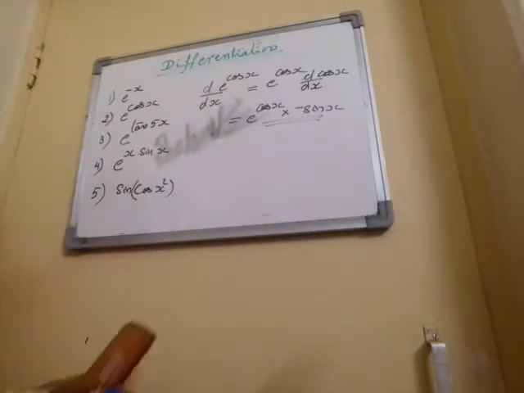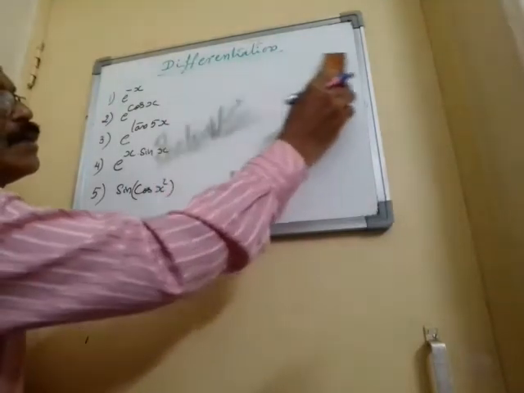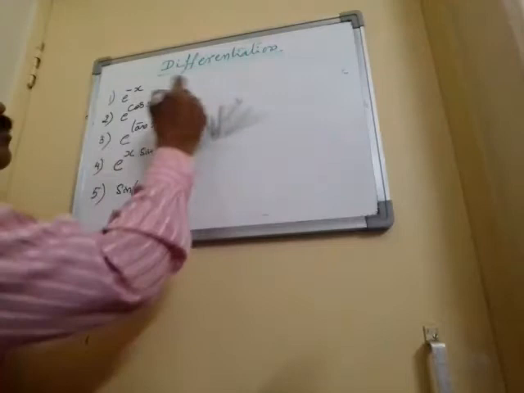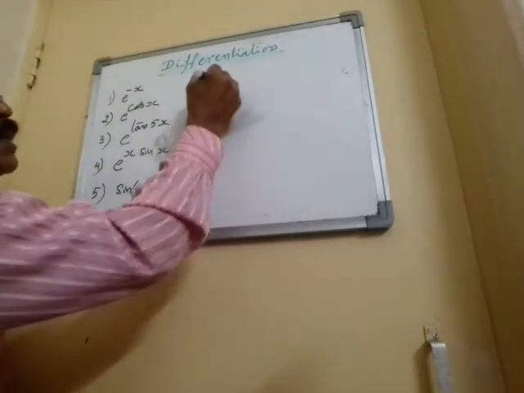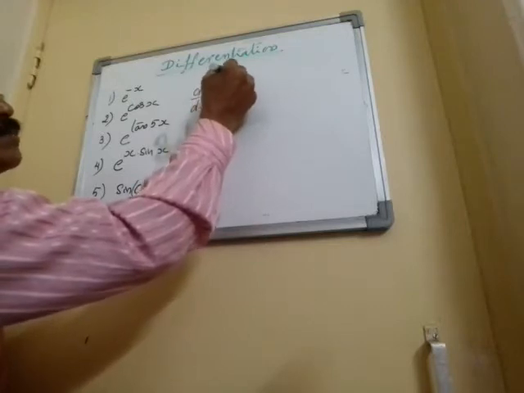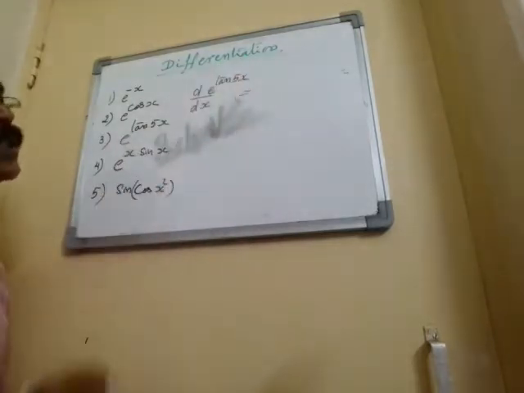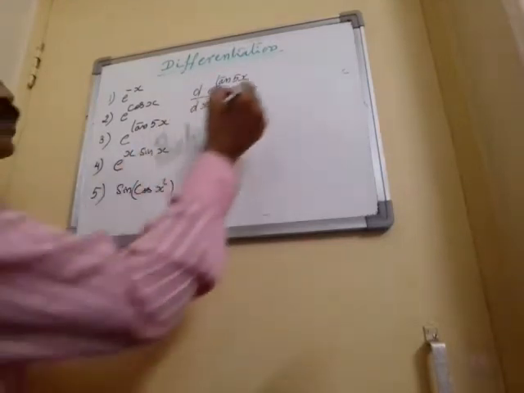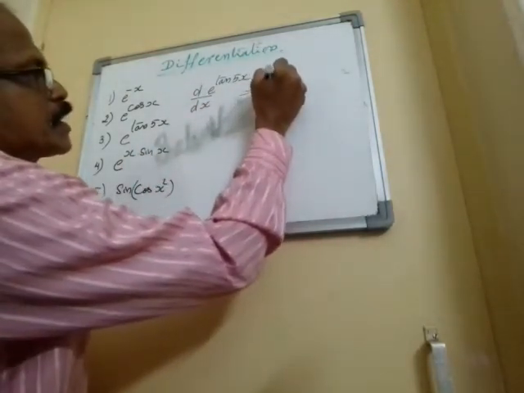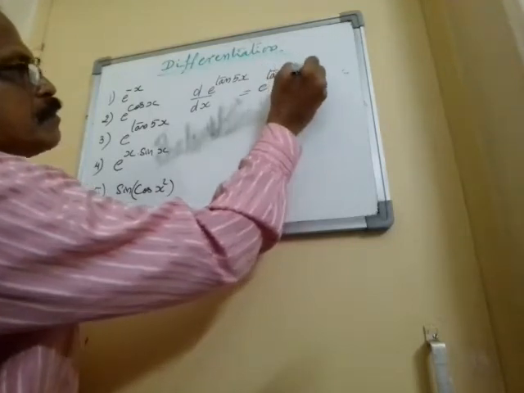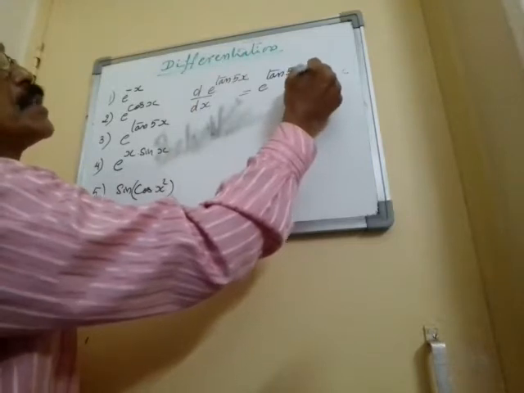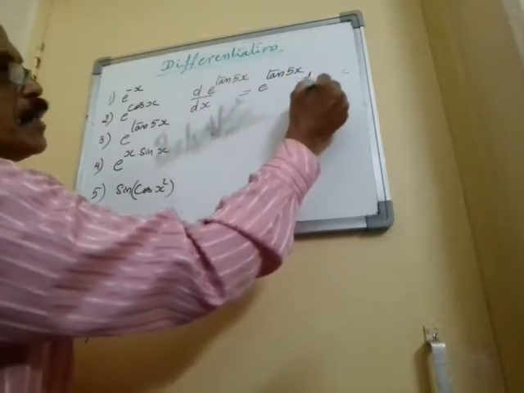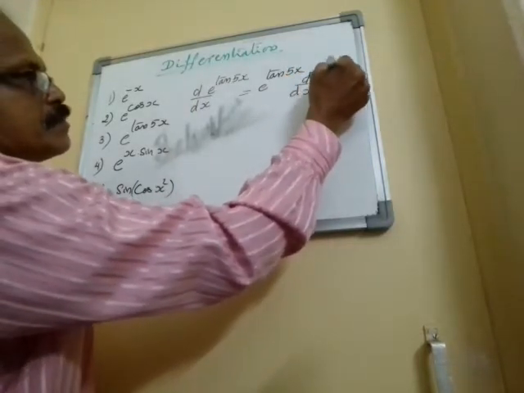Now see the third question, d by dx of e to the power tan 5x. So here first we have to differentiate e to the power tan 5x. So it will be the same e to the power tan 5x, but in place of x here we have tan 5x, so we have to differentiate that part again. So d by dx of tan 5x.